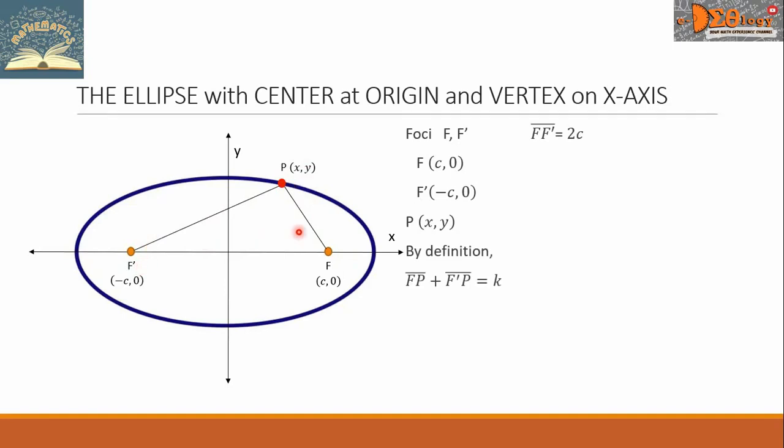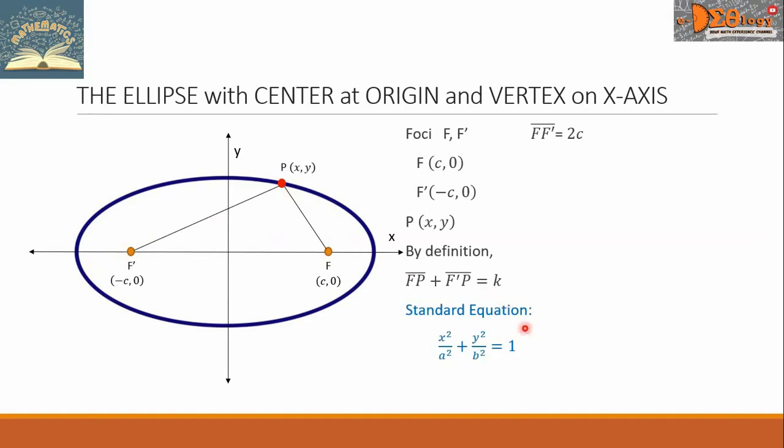By definition of ellipse, we say that the distance FP plus the distance F prime P is always constant. So we write here equals k.